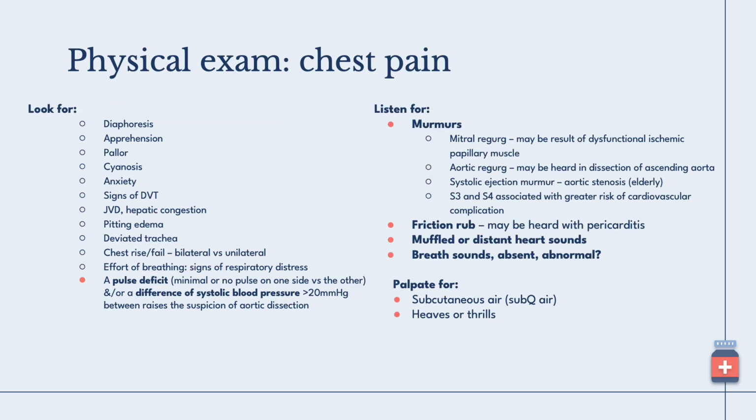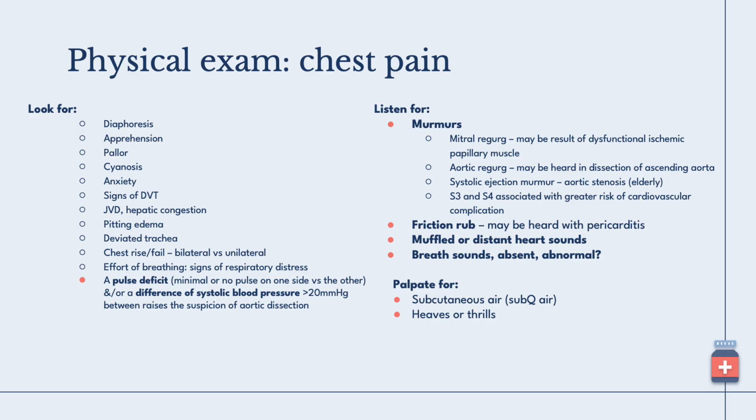Physical exam findings, so things that we are looking for. So patients who are diaphoretic, if they have apprehension or fear or sense of doom, pallor, cyanosis, anxiety. Are there any signs of DVT present or history of that? If there's JVD, pitting edema, look for the deviated trachea.